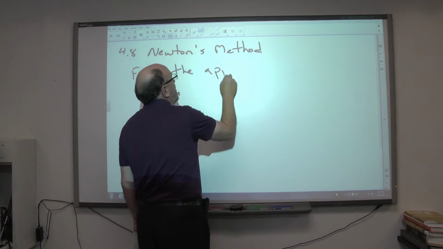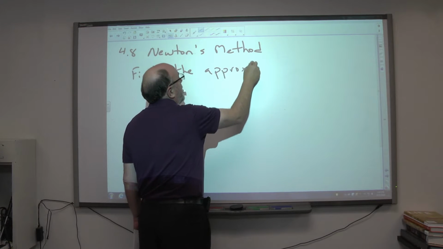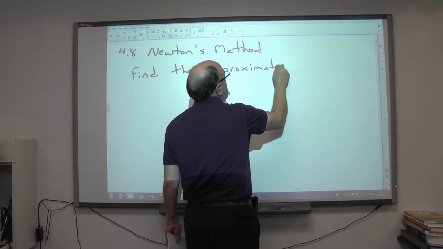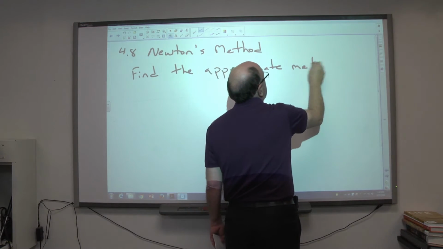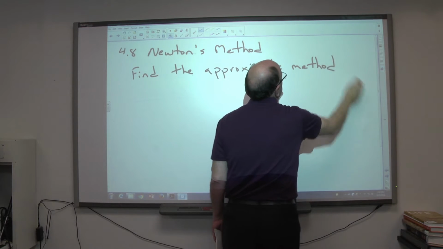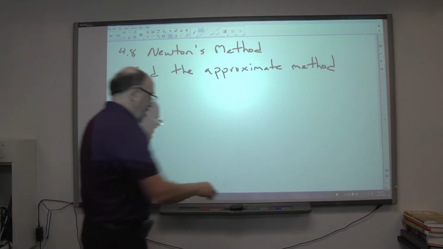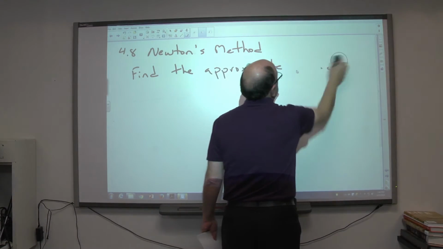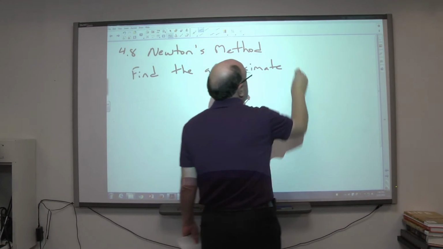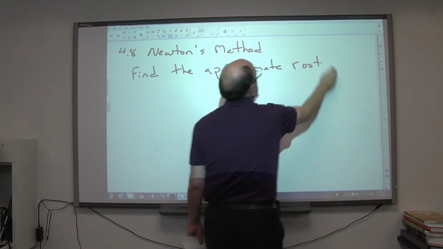Now again, this is back in the days of Newton where you did not have a calculator or your computer that you could just plug it in. You had to figure this out by hand. So find the approximate root.